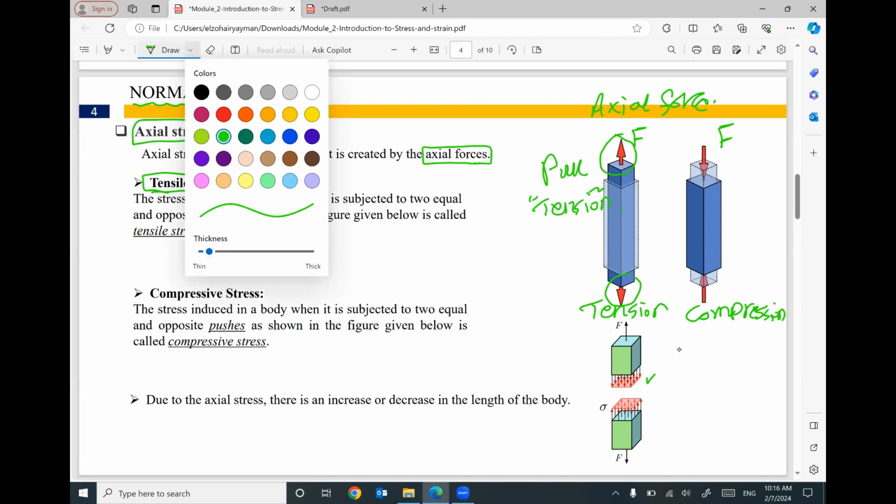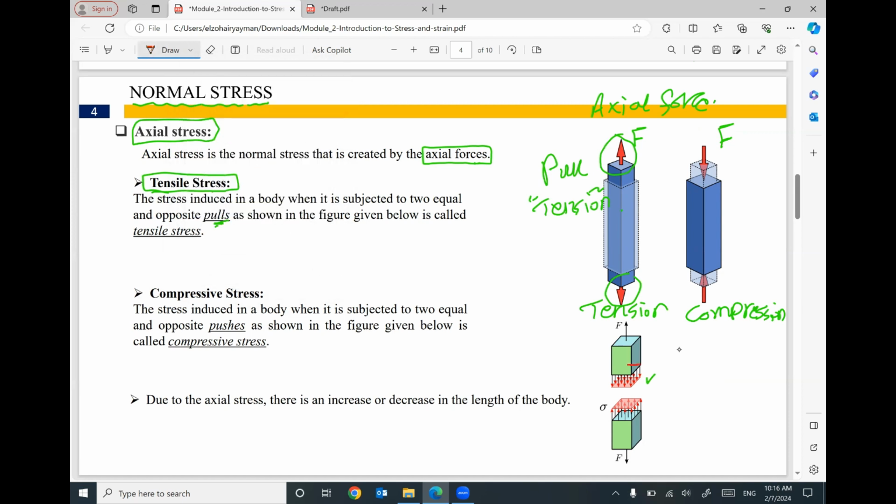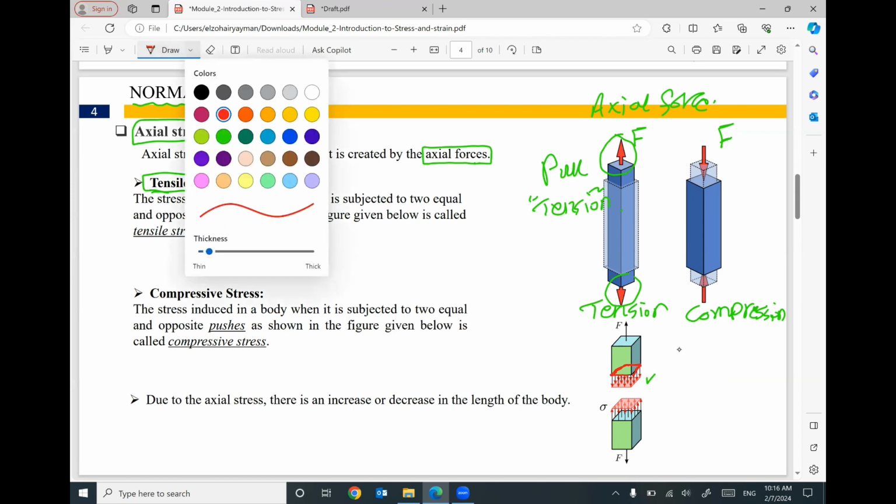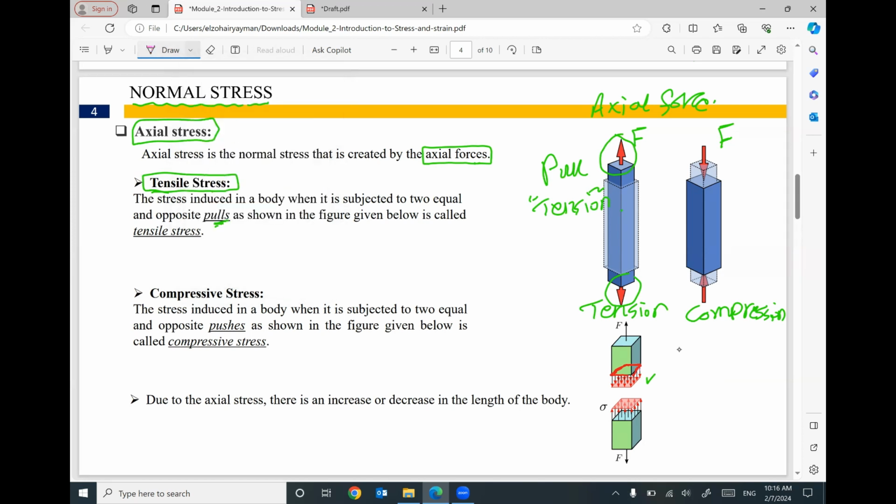If you look at this cross section, we have a cross section here. This cross section will be under the effect of perpendicular stress. The stress is perpendicular to the cross section. If this force is compression, trying to push the member, if you have forces pushing the member, it will cause compression, and this compression will cause compressive stress.